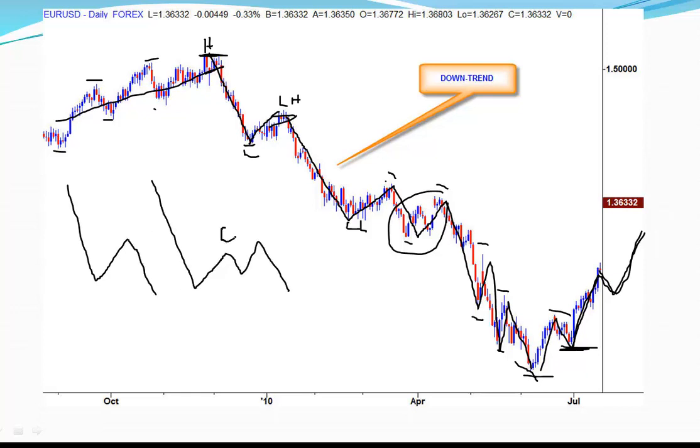So this is a complex, and this is a simple. And this has to do with Elliott, and so does this, essentially, and the Dow theory. So if you look here, that is exactly the same. That's a complex retracement as opposed to this one.